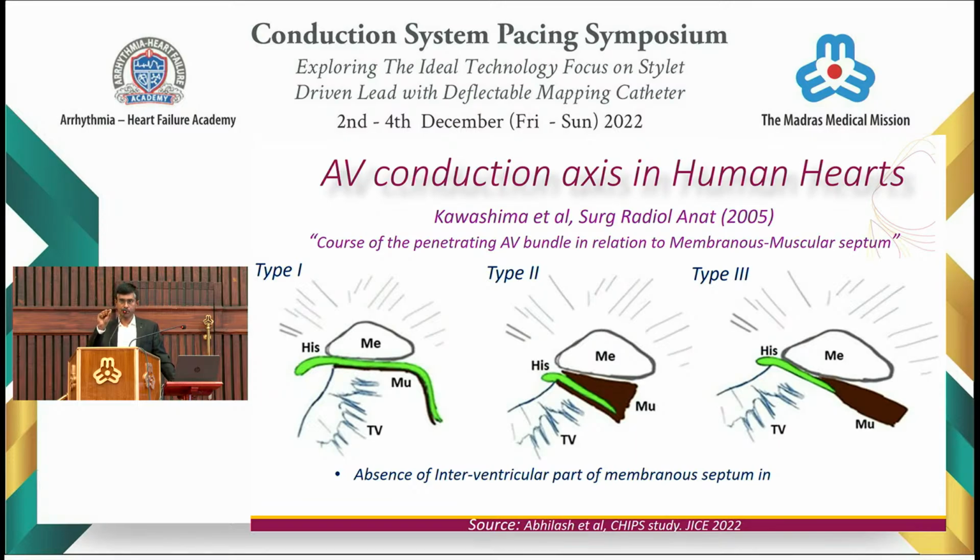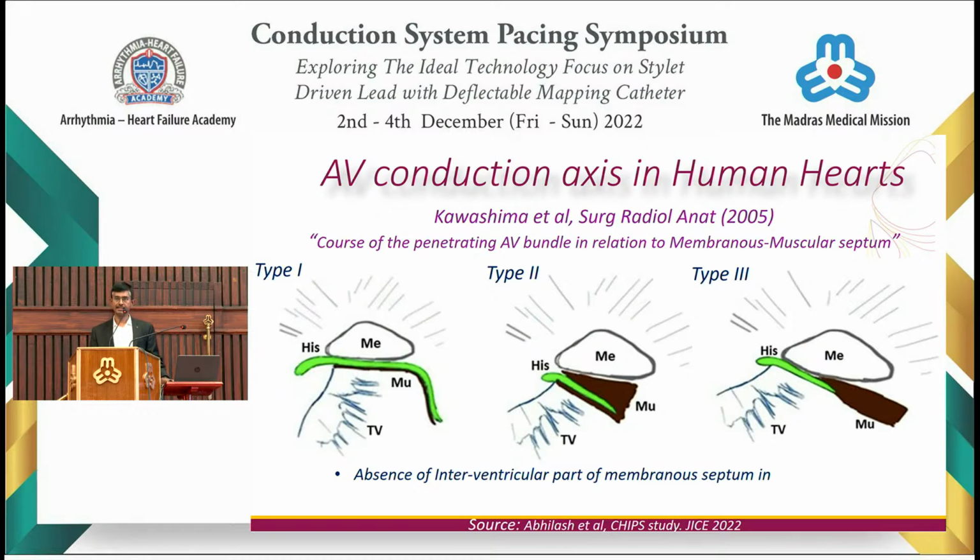And then, of course, during the course, in a few patients, it gets surrounded so much by the muscular septum. And of course, there are the 21% of cases where we found that the His bundle is naked. It's not surrounded by myocardium or much connective tissue. It's just on the surface of the heart.